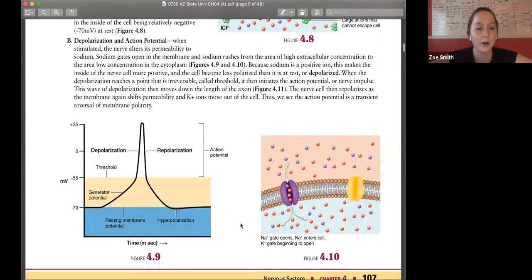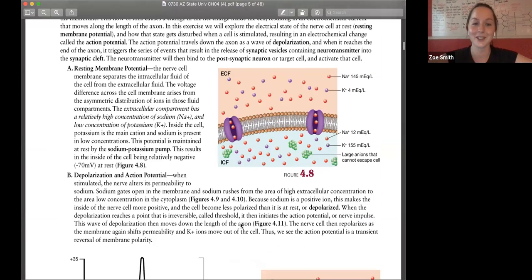But anyways, resting membrane potential. The nerve cell membrane separates the intracellular fluid and the extracellular fluid. This side is showing the ECF, extracellular fluid, and this side is the intracellular fluid. The voltage difference across the cell membrane arises from the asymmetric distribution of ions in those two compartments.